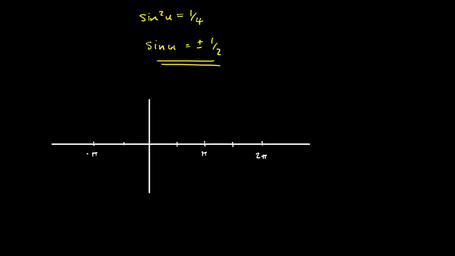So the sine wave goes up to positive 1 at pi by 2, comes back down like this, through pi, then goes down to negative 1 at 3 pi by 2, and then comes back up to 0 at 2 pi. And on the other side here, we're going to go down like that to negative 1, and go back up like that, like that, like that.